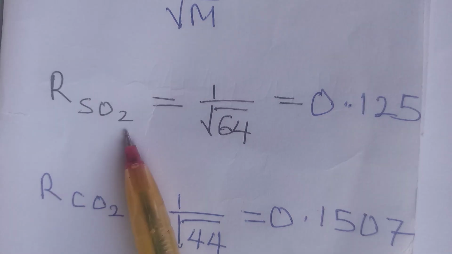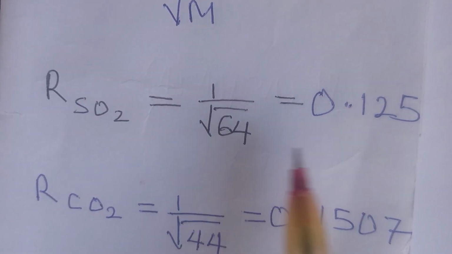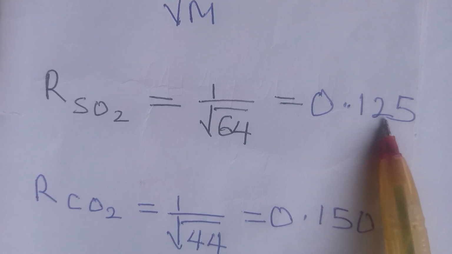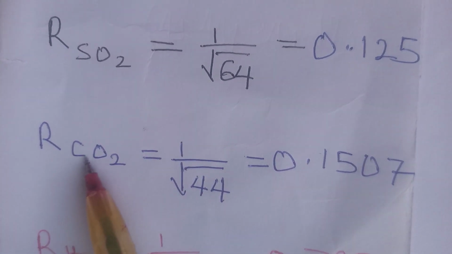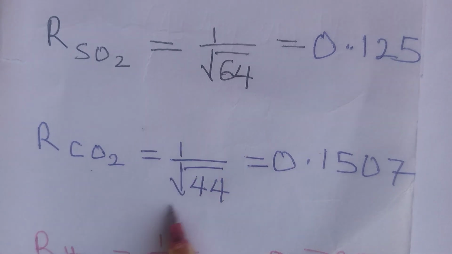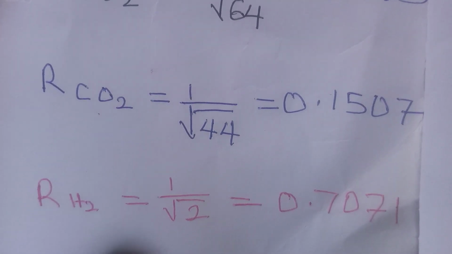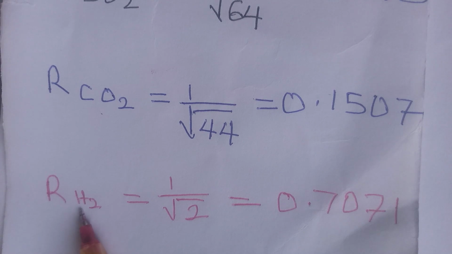Starting from sulfur 4 oxide, we have 1 over the square root of 64. That will give us 0.125. The next is the rate of diffusion of carbon 4 oxide, and that will give us 1 over the square root of 44, and that's 0.15. We also have hydrogen gas.